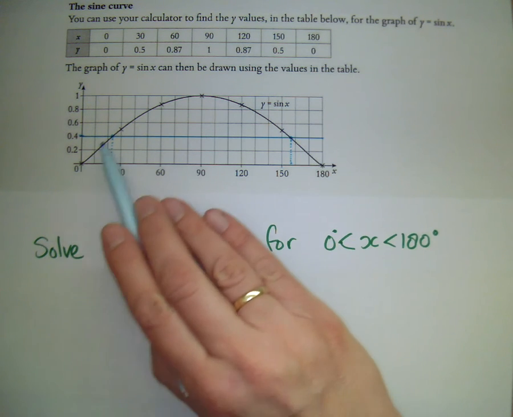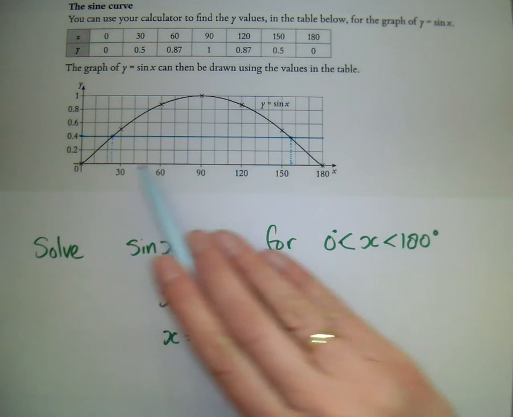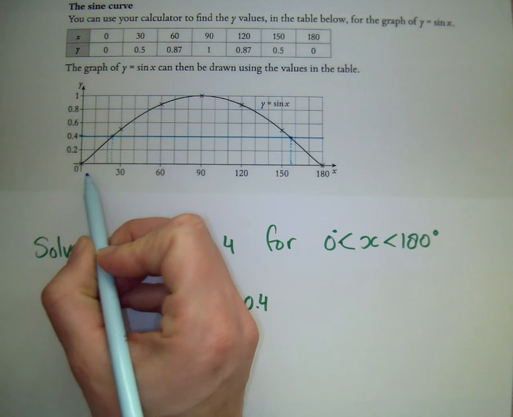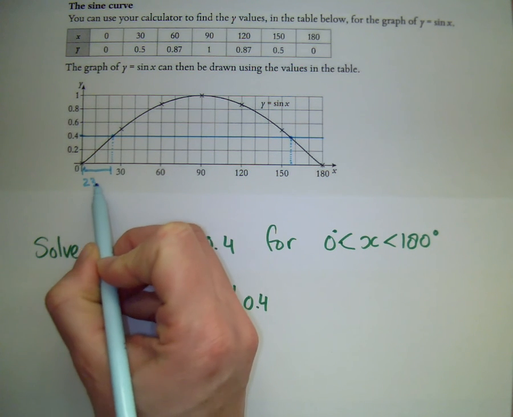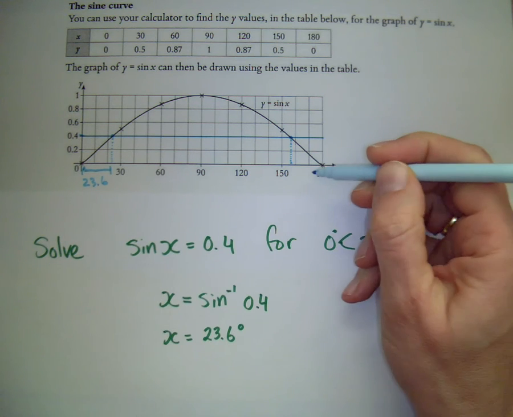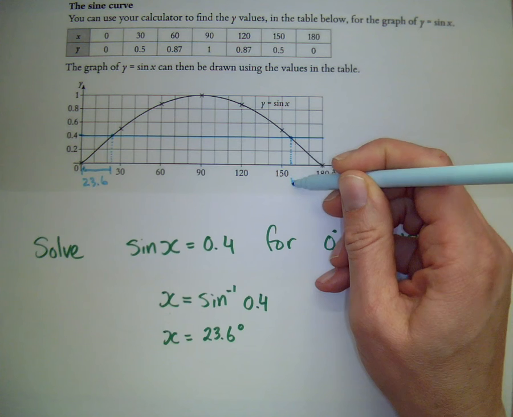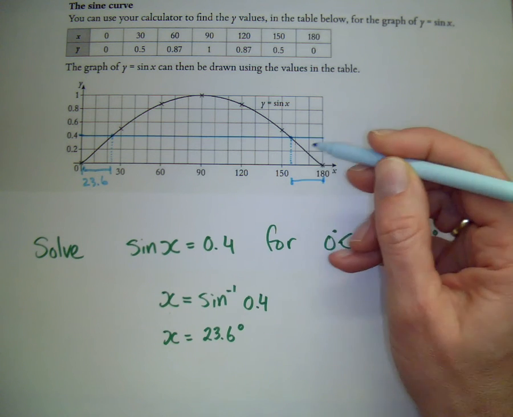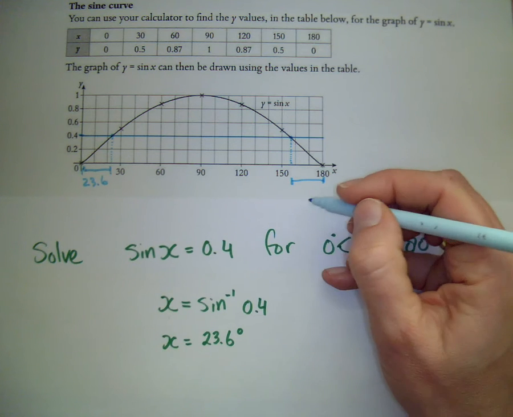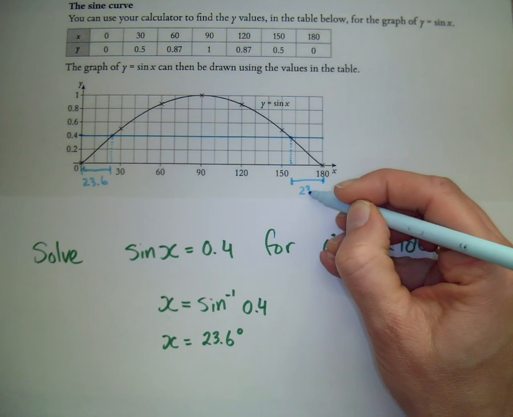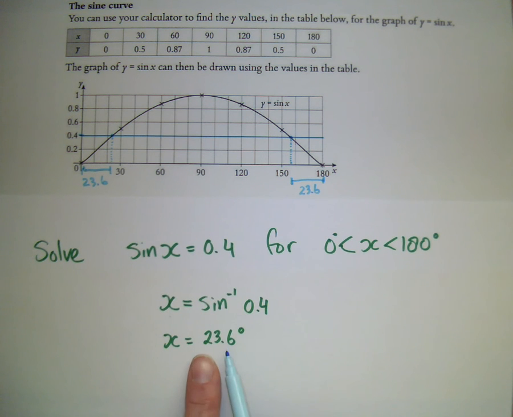And because this line, this nice bump, is symmetrical, and this distance is 23.6 degrees, we know that this distance from 180 to our other x value, that is a solution to our problem, is also 23.6 away from 180. So this is not our only answer.